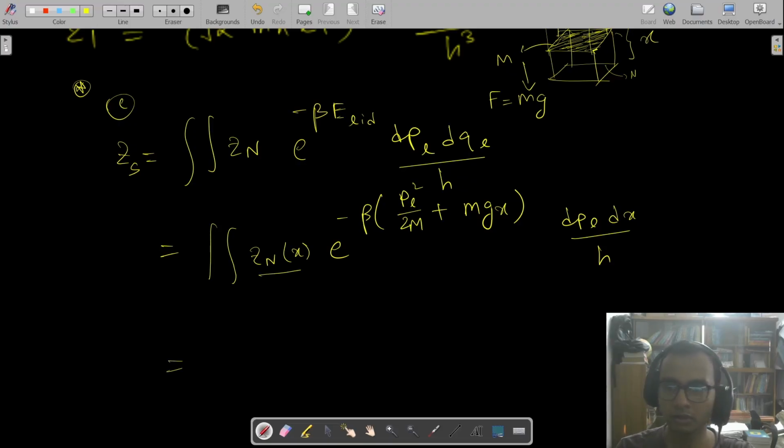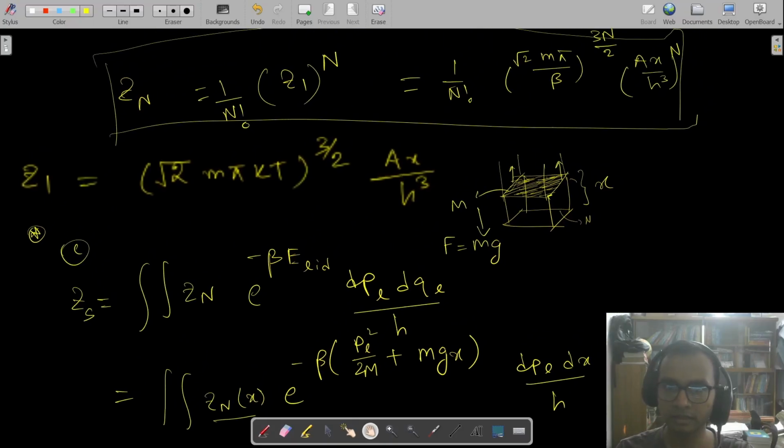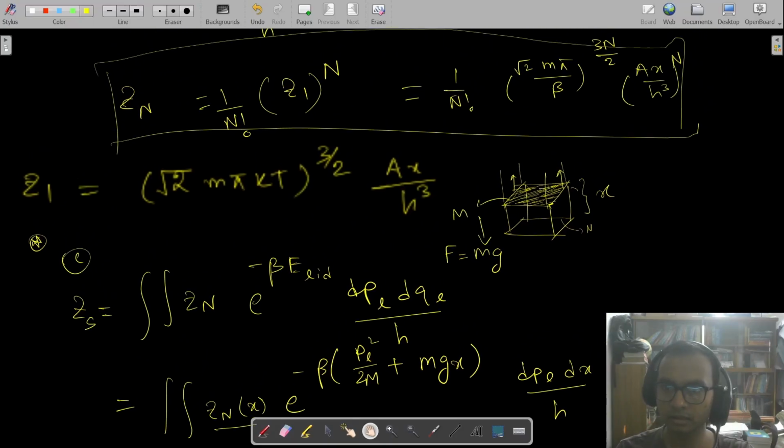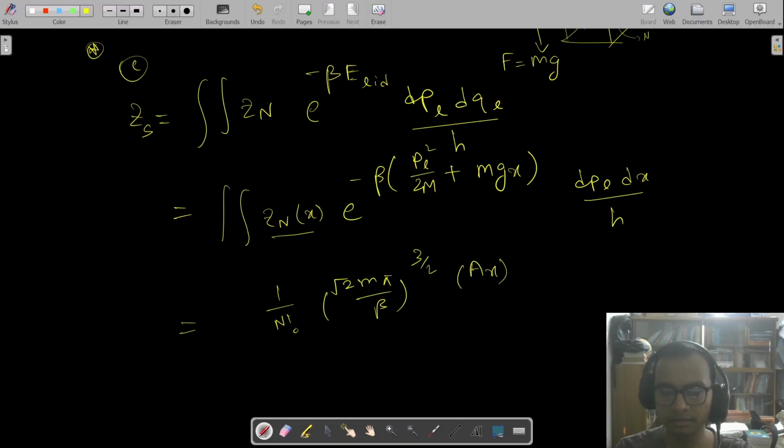Now we know what Zn of x is. We found it here. Let's write it down: 1 by n factorial times (m pi by beta) to the power 3/2 times x, to the power n, I believe.